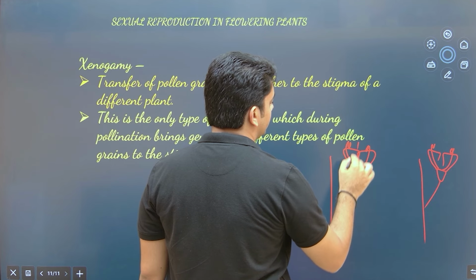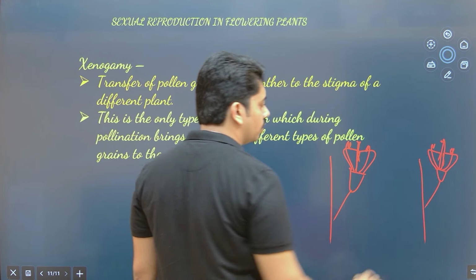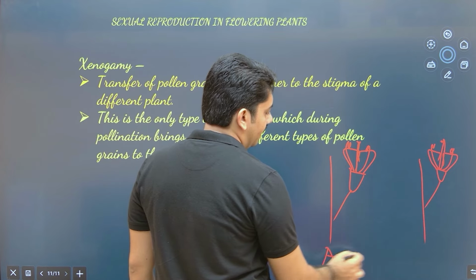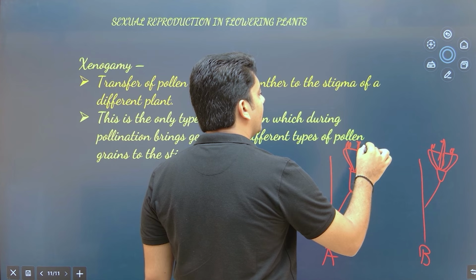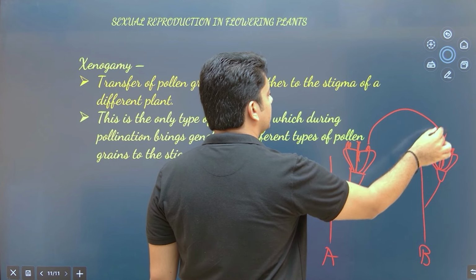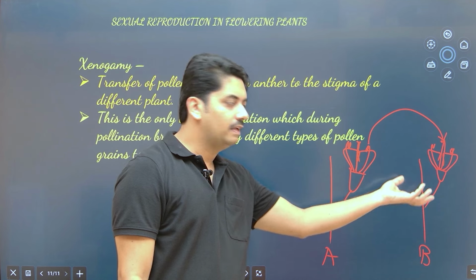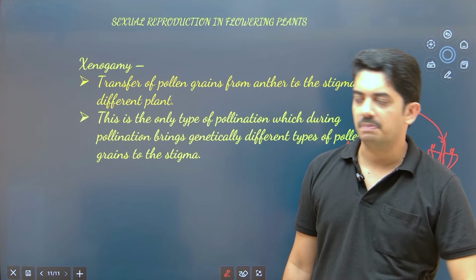Now what happens in the true cross pollination, that is in xenogamy? This is plant A, this is plant B. Pollen from the anthers are transferred to the stigma of another flower of the different plant, but they belong to the same species.